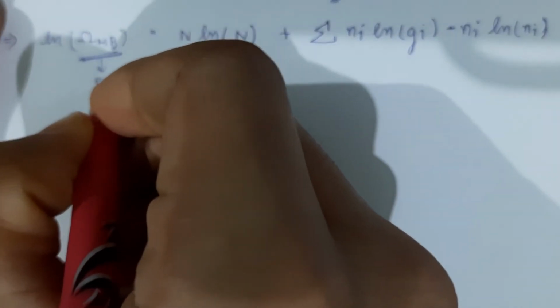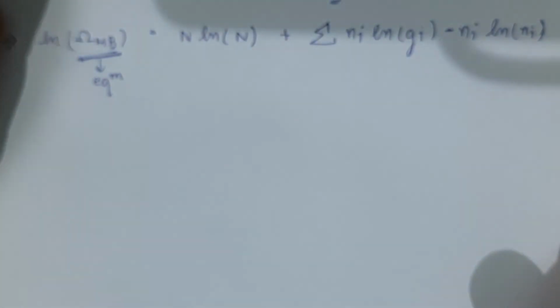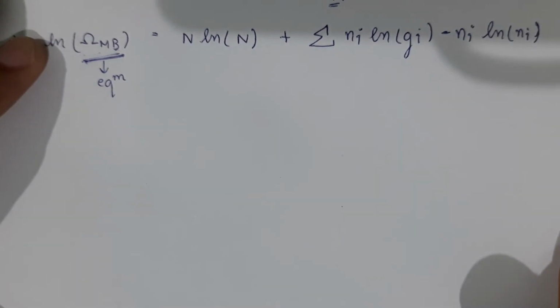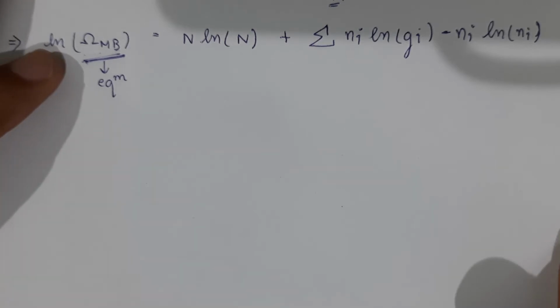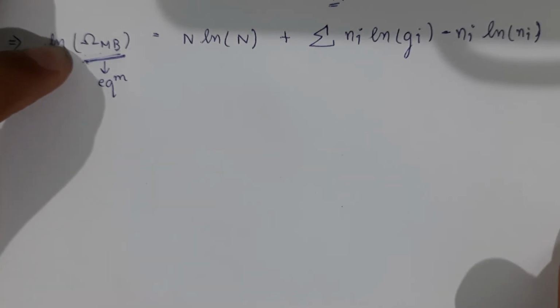So in order to maximize this term, we need to differentiate this expression and equate it to 0. Only then can we find the maximum, and that will eventually give us the final expression.